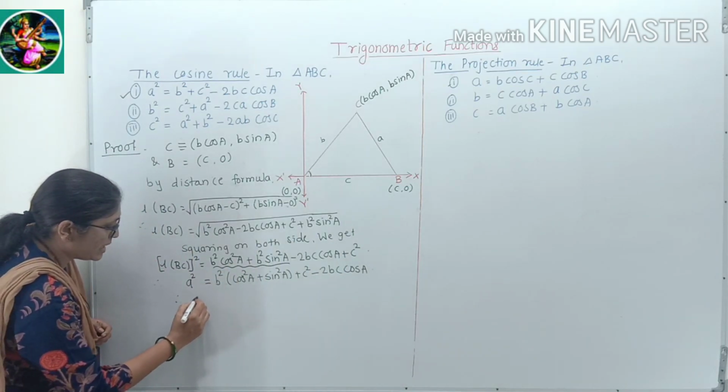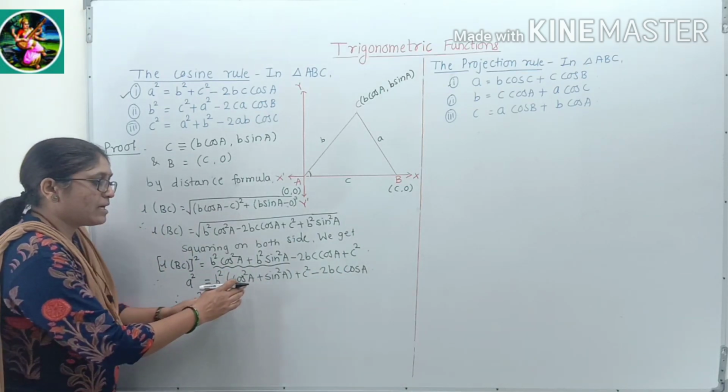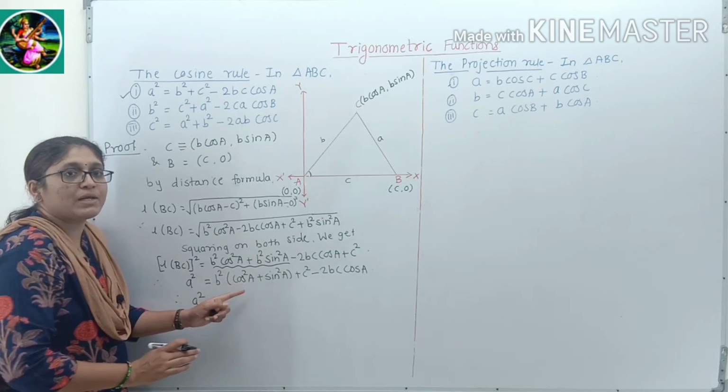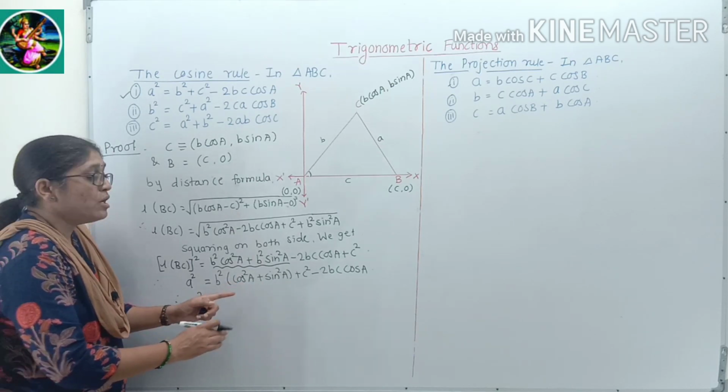Therefore a square is equal to, we know the first trigonometric identity, cos square theta plus sin square theta is equal to 1.